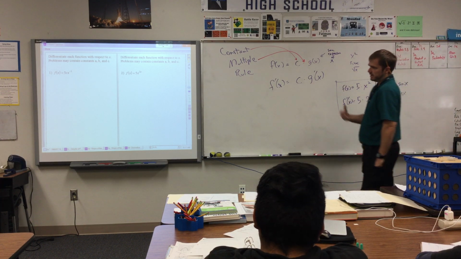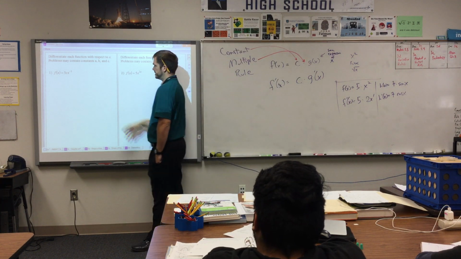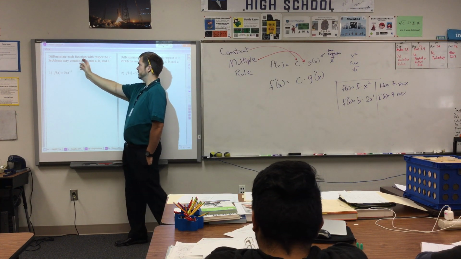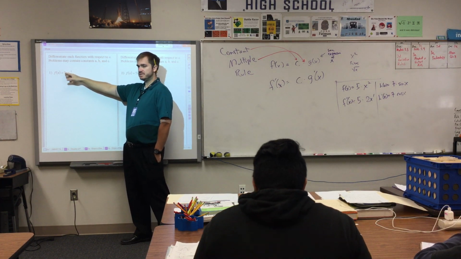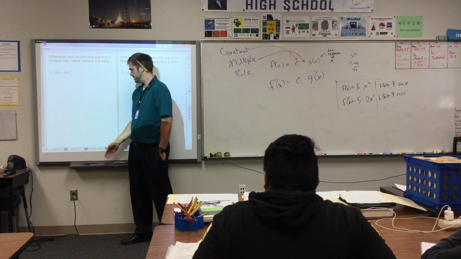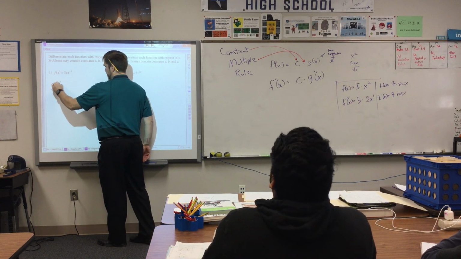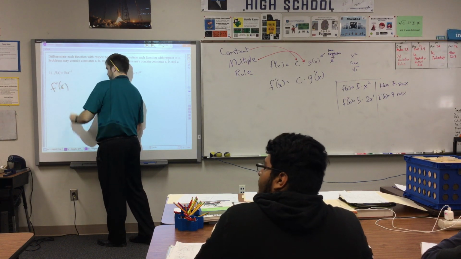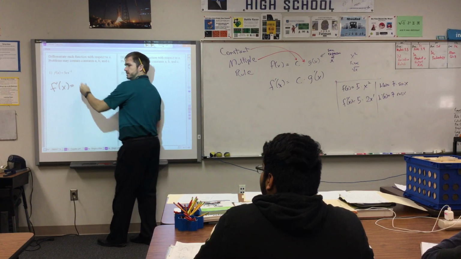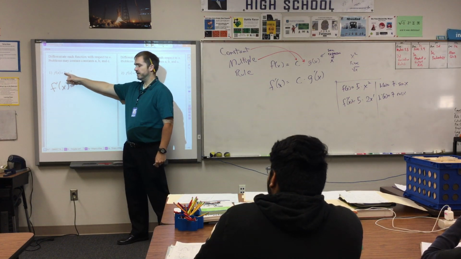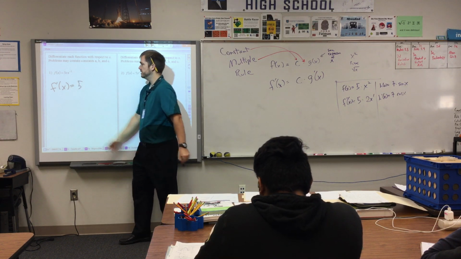So, in question number 1, it says differentiate each function with respect to x. Problems may contain constants a, b, and c. So 5 times c times x to the negative 1. So the derivative is going to be, I've got 5, which is a constant multiple, so that just drops down.